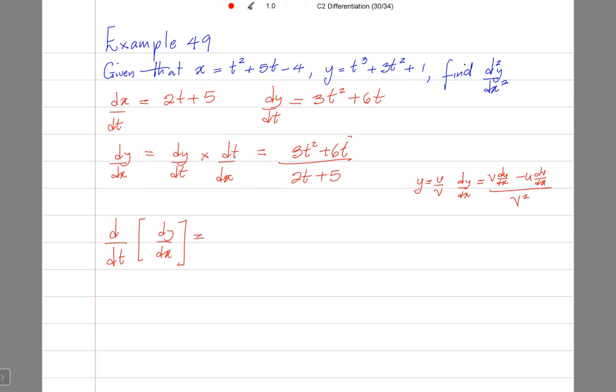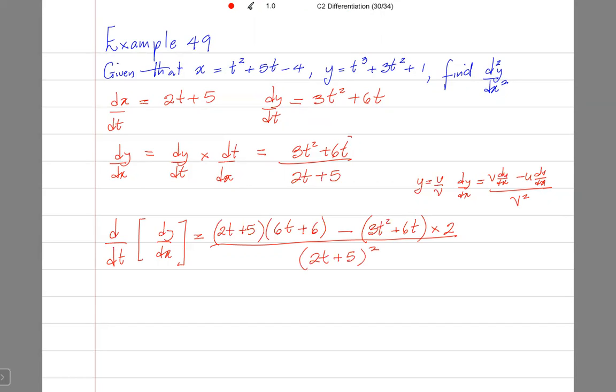So first we're going to have v, the denominator, 2t plus 5, multiplied by the differential of the top, which is 6t plus 6, minus the top, 3t squared plus 6t, multiplied by the differential of the bottom, which is 2, all over the square of the bottom, which is 2t plus 5.